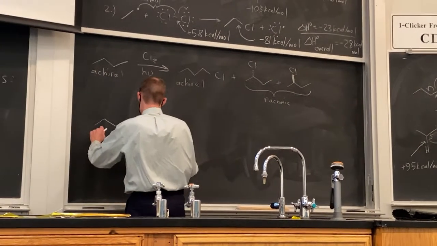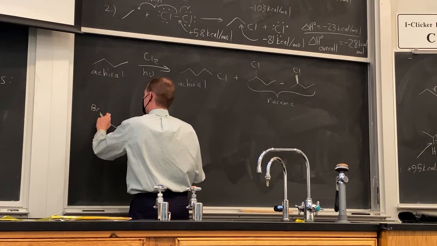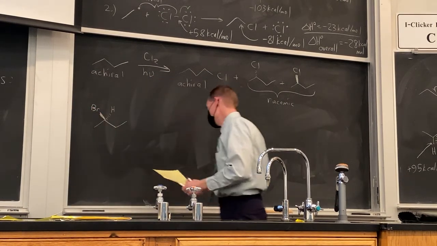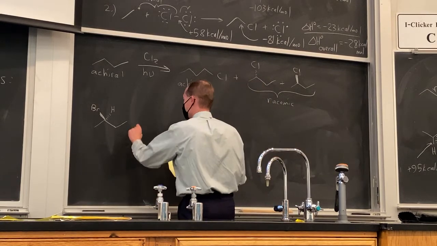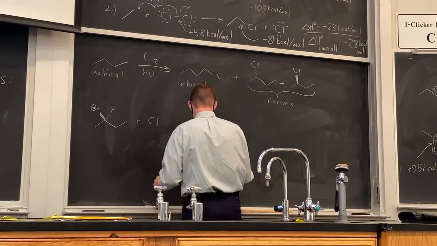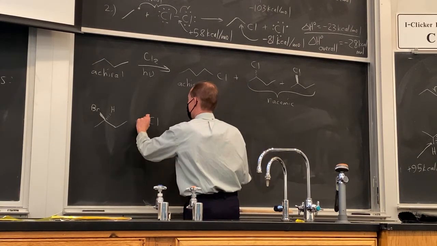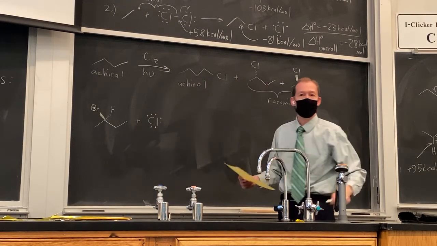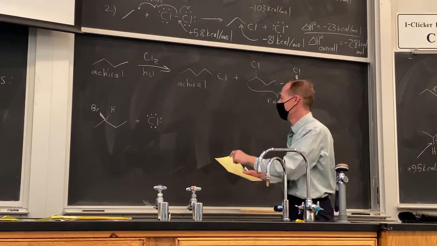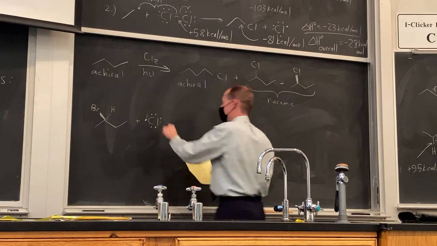So let's say we have 2-bromobutane, and we're going to chlorinate that. And I'm just going to skip ahead to the propagation step. So I'm going to react our 2-bromobutane. I'm going to move this lone pair down so it doesn't look like we have 3 electrons.